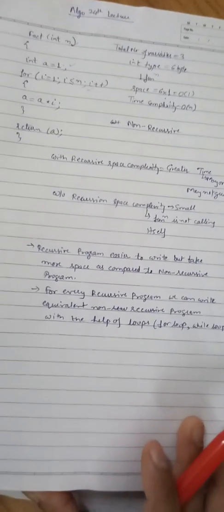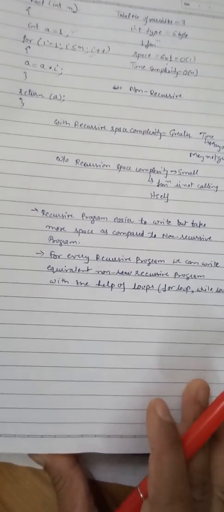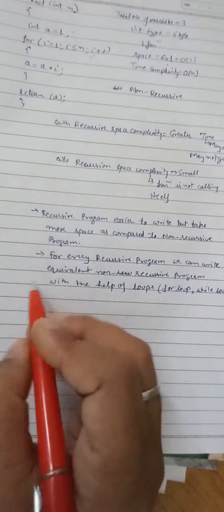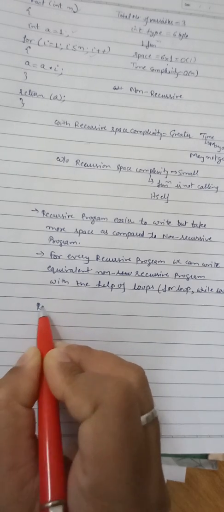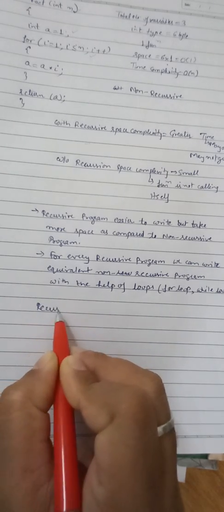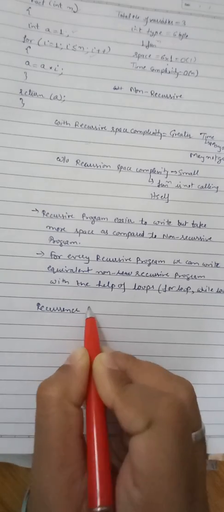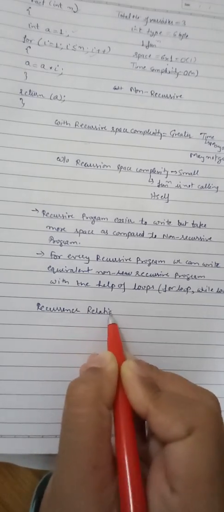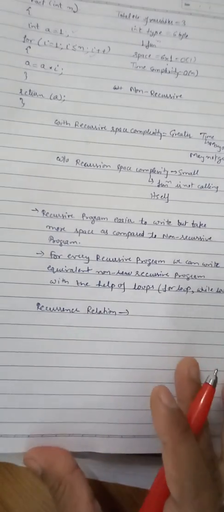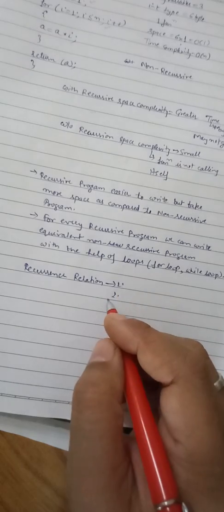So what else can we say? To solve a recurrence relation, what kind of methods do we have? We have three kinds of methods to solve a recurrence relation.